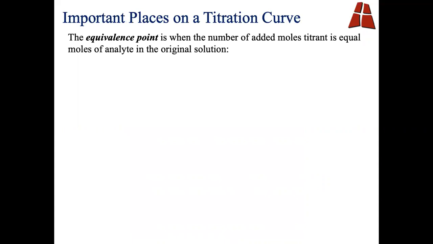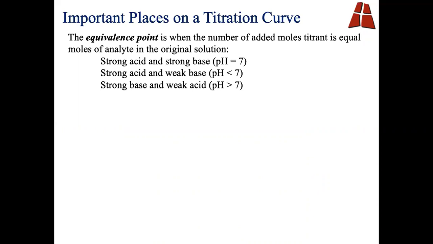Let's talk a little bit more about that. Again, the equivalence point is defined as the place where the number of moles of titrant that is added is equal to the moles of analyte in the original solution. So if we are titrating a strong acid with a strong base, we know that at the equivalence point our pH would be neutral, pH would be 7, because the conjugate acid and conjugate base of both strong acids and bases do not have an effect on the pH, right?